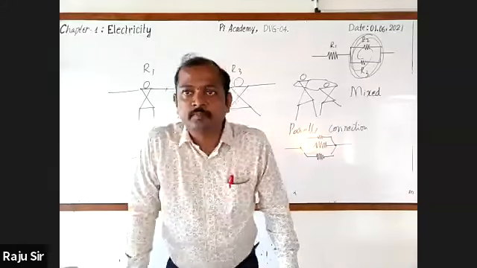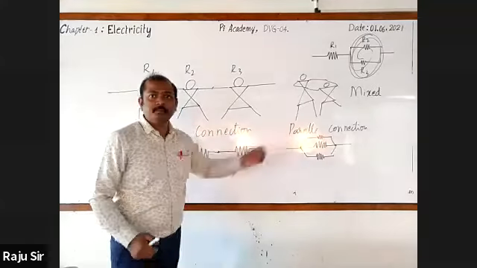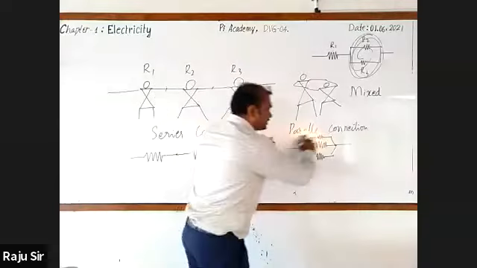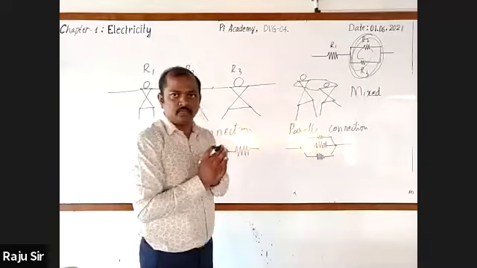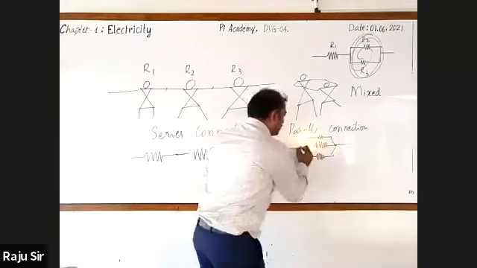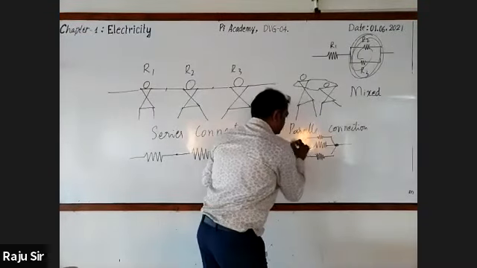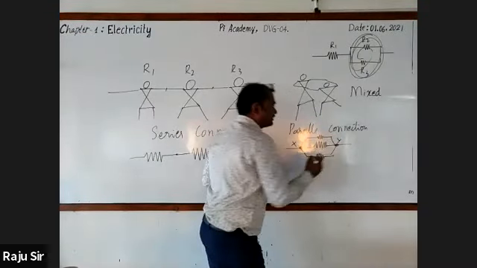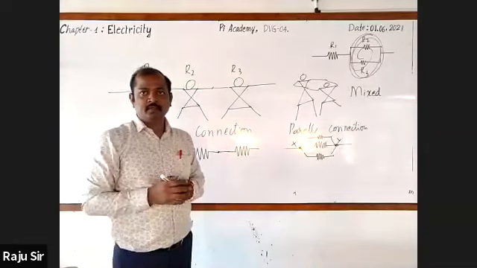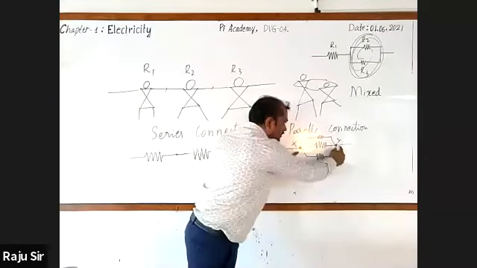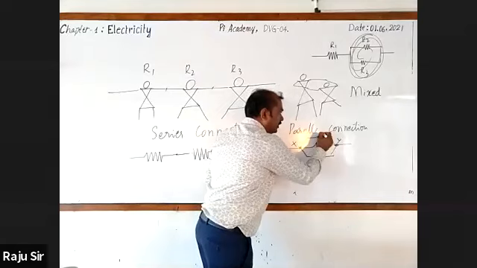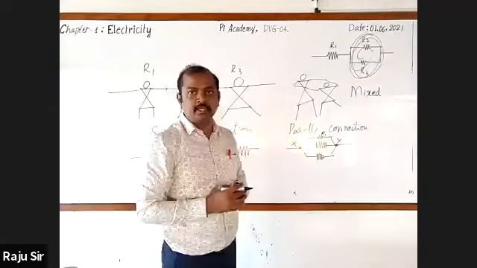Sir, explain once again the parallel connection, sir. Okay, assume that we have a circuit. In that circuit, I'm going to choose 2 points. You may call these 2 points X and Y. Between those 2 points, I'm connecting one resistor, the first resistor, call it R1.